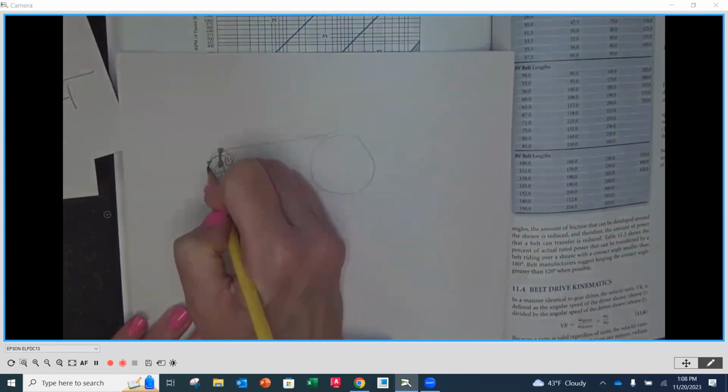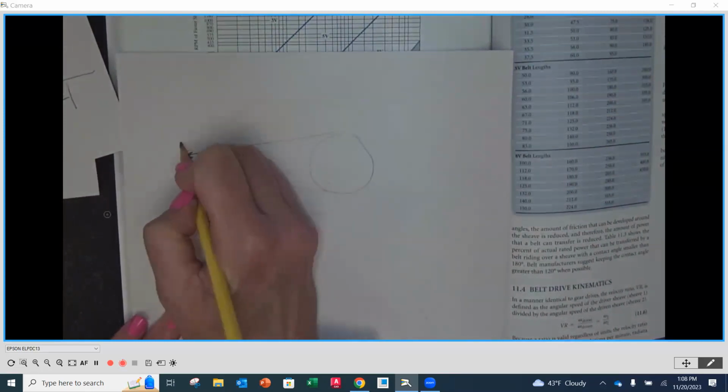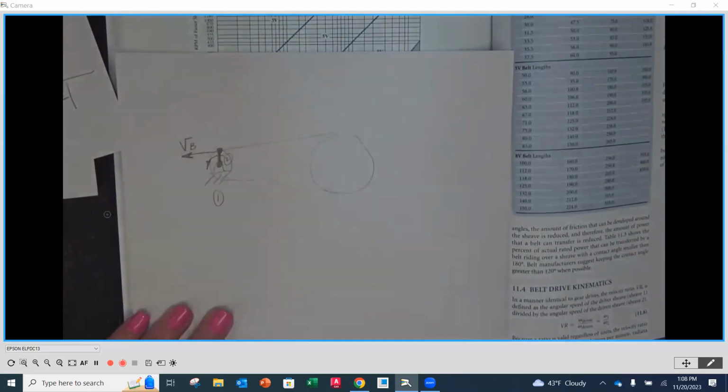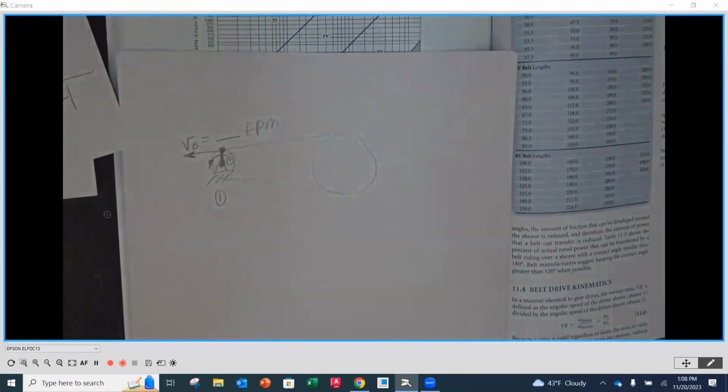They're not telling us if it's going clockwise or counterclockwise, but if it's going counterclockwise, this would be my pitch line speed, the velocity of point B, which is the belt speed as well. And that's going to be whatever my number is in feet per minute. It's the straight line velocity component of the rotational speed along the edge, or the pitch diameter, of that sheave.